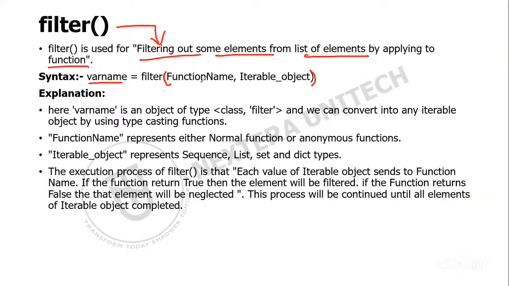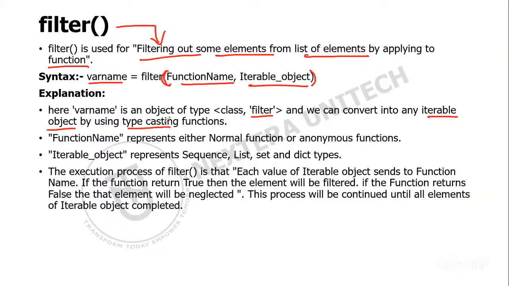So the filter function will have both a function name and an iterable object. See, when you try to get the type of this variable, you'll get the output as a filter object. And we can convert it to any iterable object by performing typecasting functions.